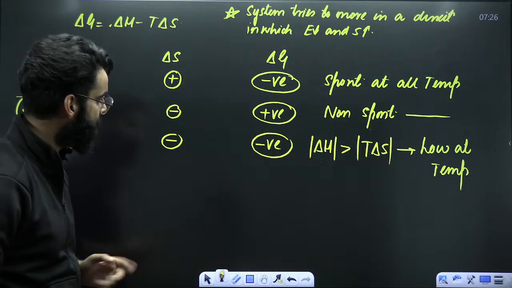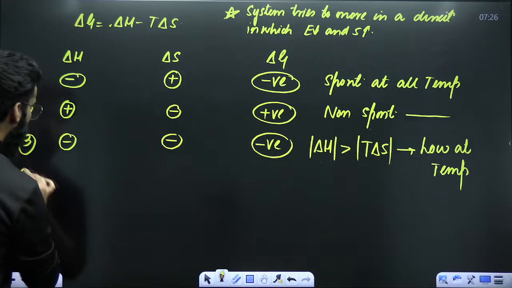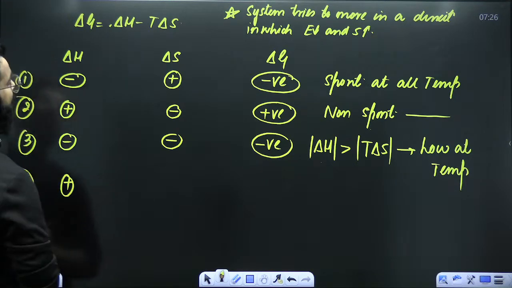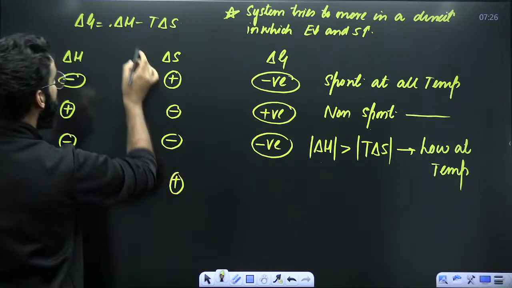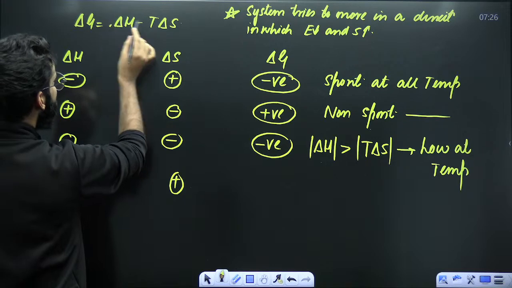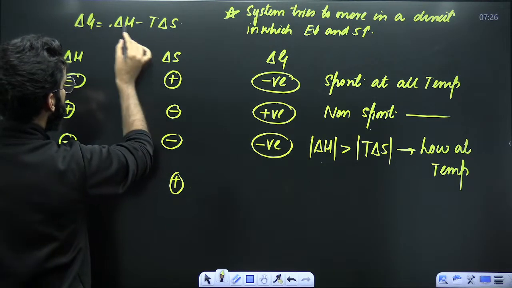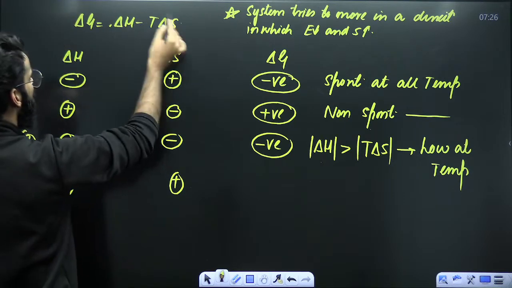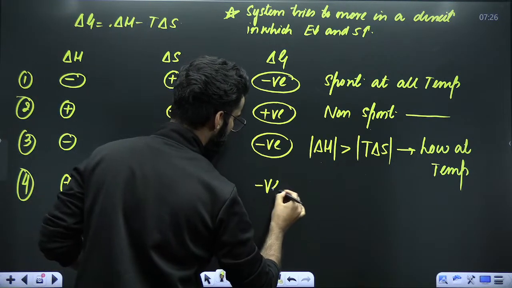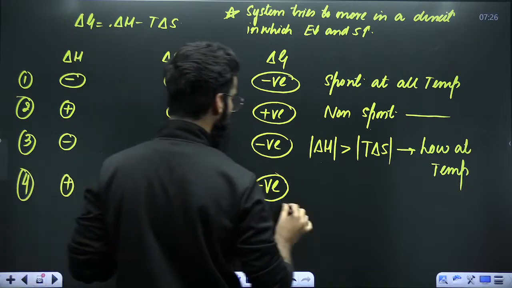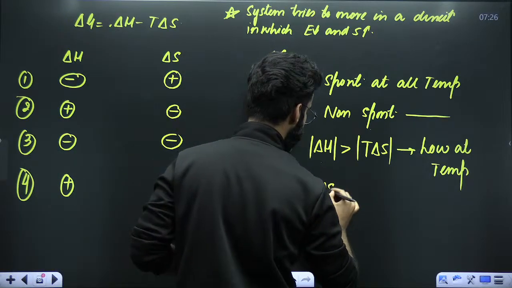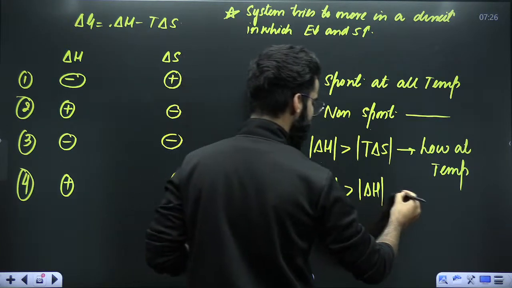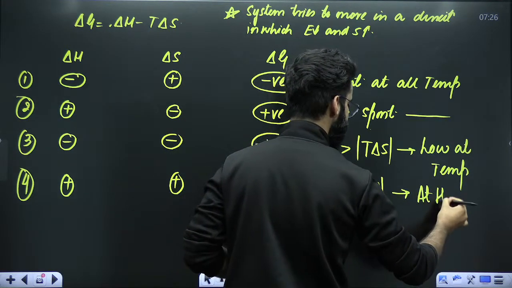Okay. Similarly, the fourth case. Delta H is positive, and delta S is also positive. This is positive, this is positive. Positive minus positive can be negative. So the overall term delta G will come out to be negative only if the magnitude of T delta S is greater than the magnitude of delta H, which is only possible at high temperatures.